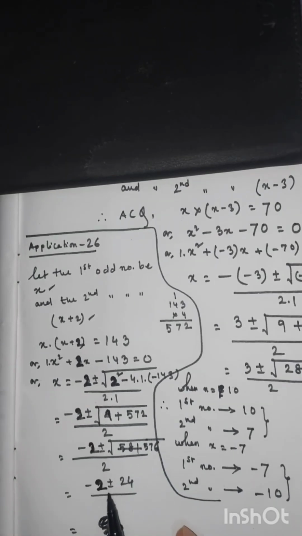Minus 2 plus 24, it is 22. 22 by 2, that is 11. And if I take negative value, it becomes minus 26 by 2, that means minus 13.